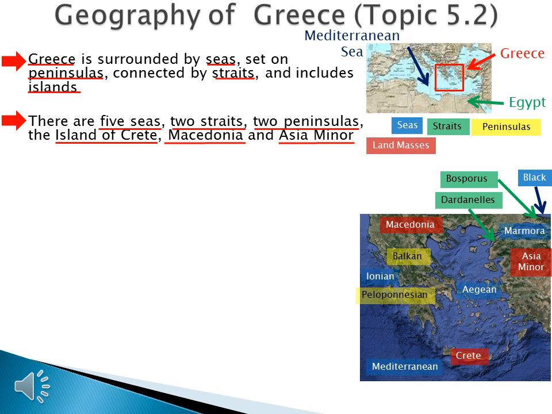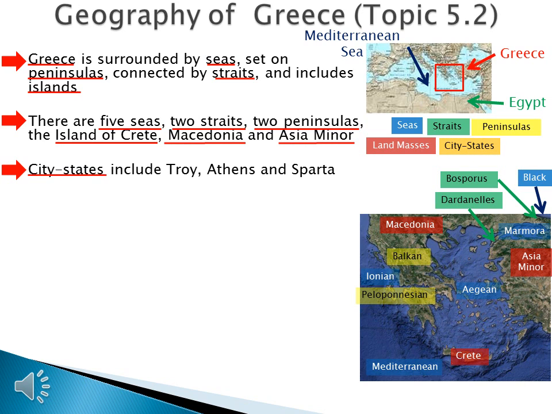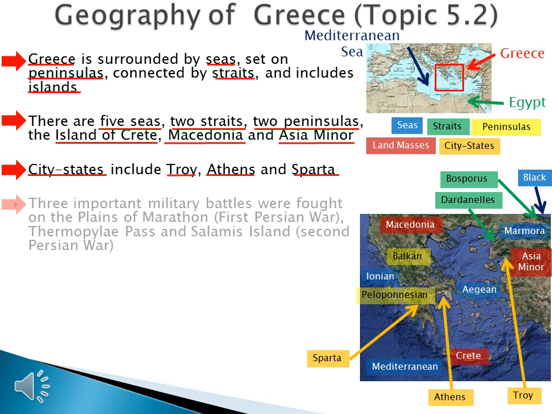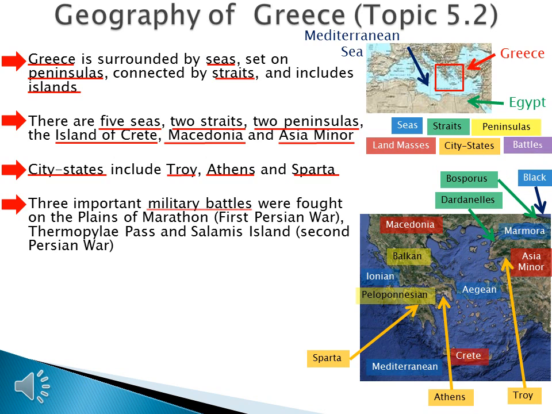We also are going to look at 3 city-states, which include Troy, Athens, and Sparta. Athens and Sparta are the ones we will focus on. Then there are 3 important military battles: one on the plains of Marathon in the First Persian War, and 2 battles, Thermopylae Pass and Salamis Island in the Second Persian War.